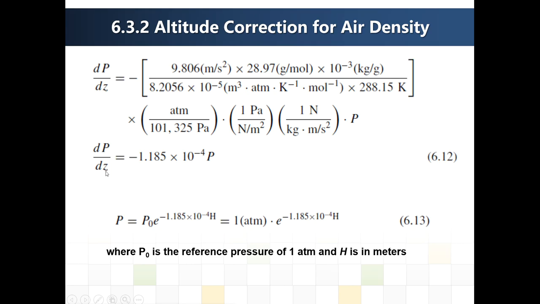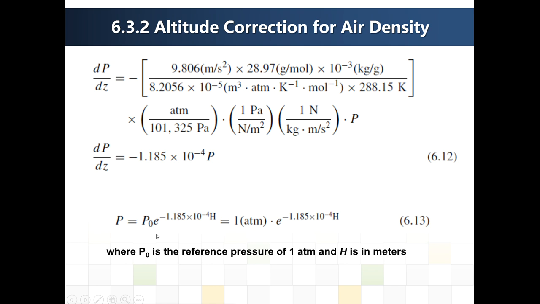So dP divided by dz is a function of the pressure itself. So P is equal to P0 e to the power of minus 1.15 times 10⁻⁴ times height.